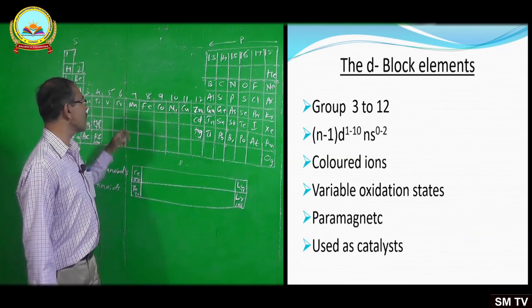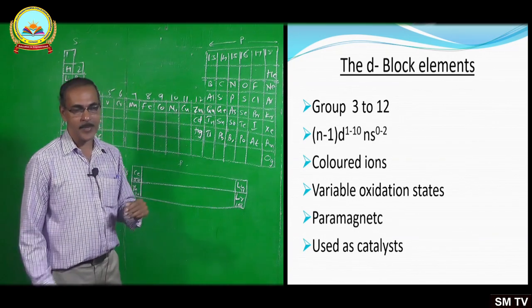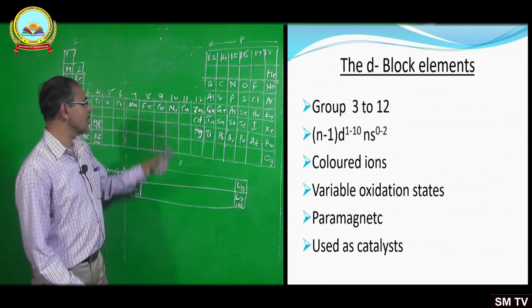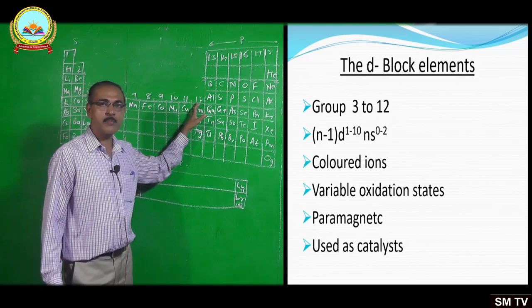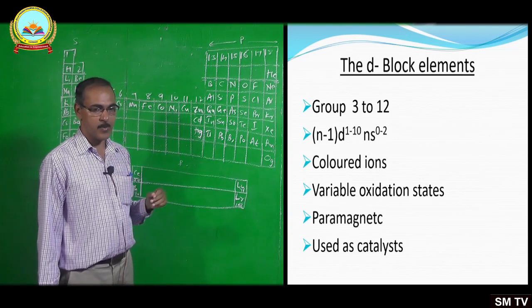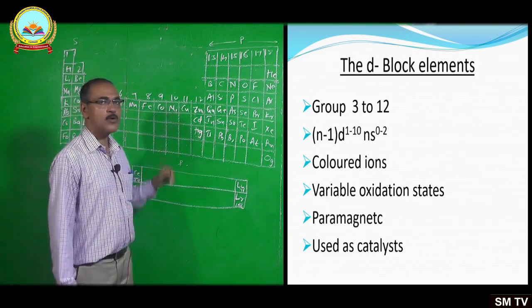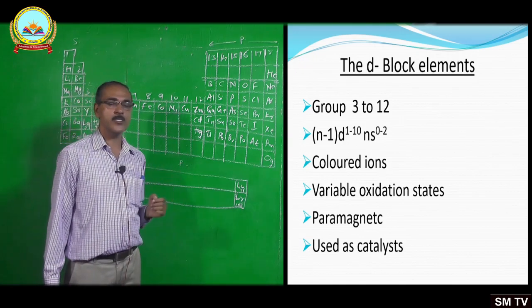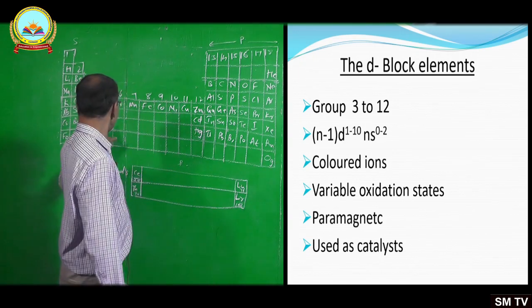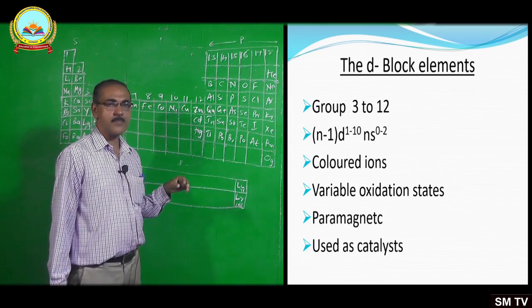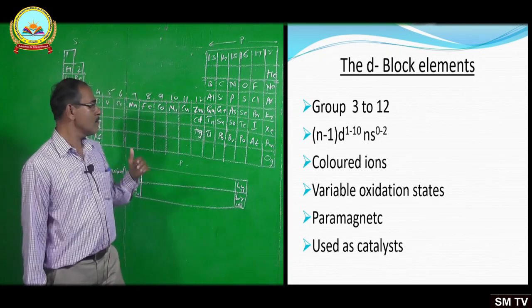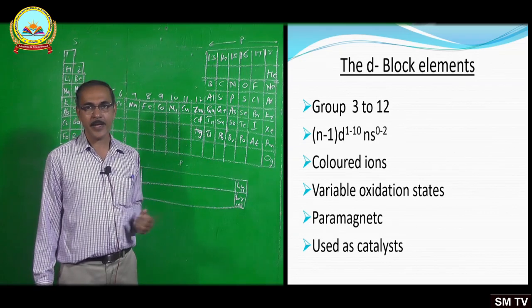That is the reason they are called transition elements. All the D block elements are metals, no doubt. These elements show variable oxidation states. Most of the transition elements are paramagnetic in nature.